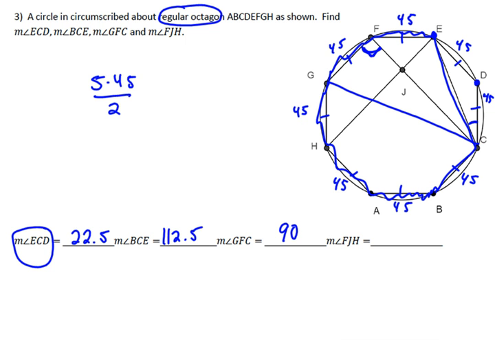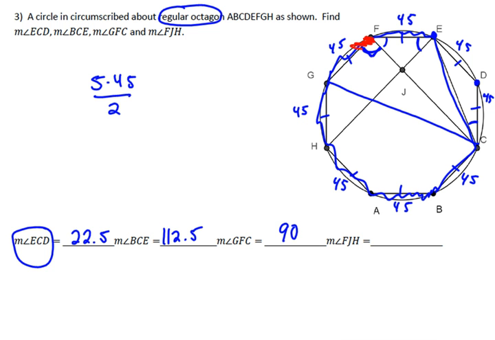And then if you want to find FGH, well, you've got to know some things about this problem to be able to do it, but there are various ways to get there. Probably the easiest is to look at these two angles. Both of those angles intercept the arcs.